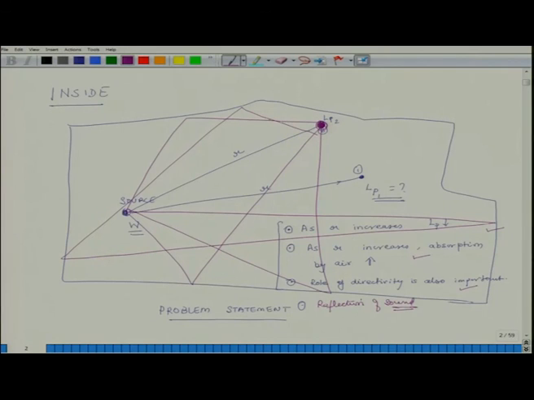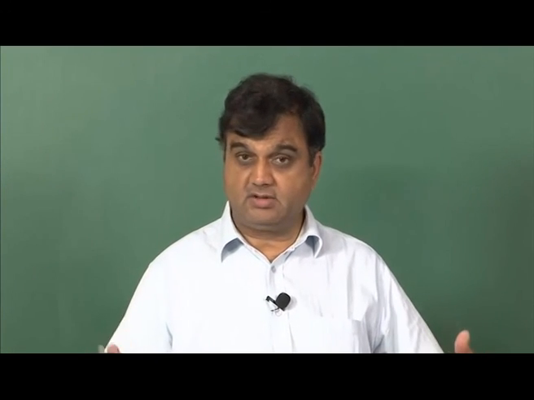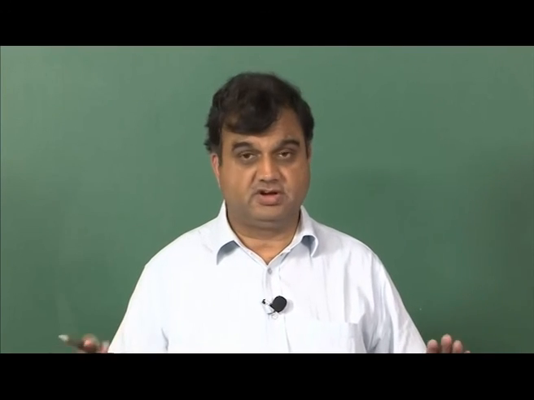Okay. So, in the next class we will have a detailed discussion on that particular relation, and also how we can use it to calculate sound pressure level at the point of interest.